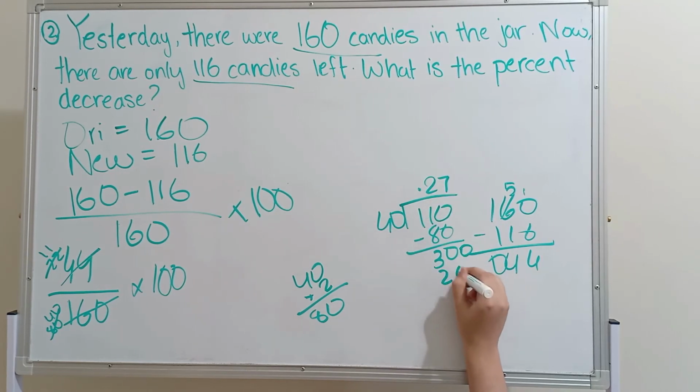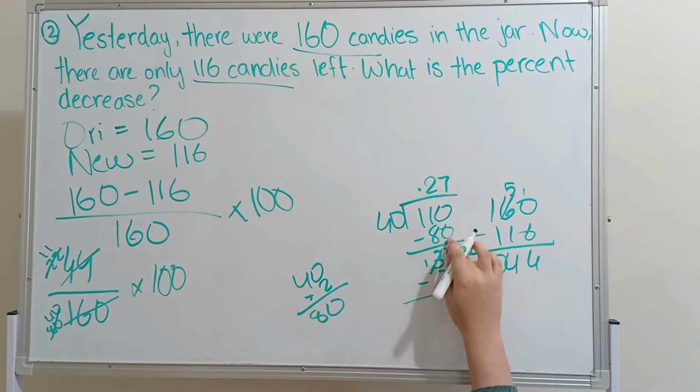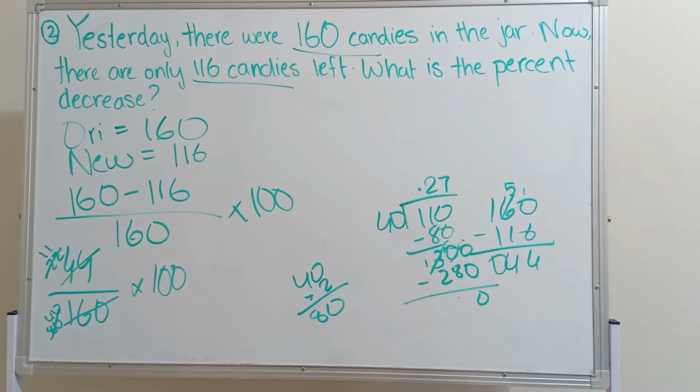So 280. We subtract them, we will get 0. It's going to be 2, it's going to be 1, so 8, 10 here. So 8, 10 subtract 8 is going to be 20. So we put a 0 and we will get 5 here because 40 times 5 is 200. We subtract them and we will have a 0 in the end.